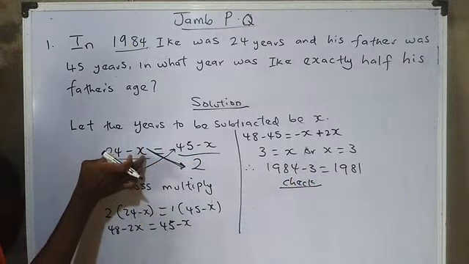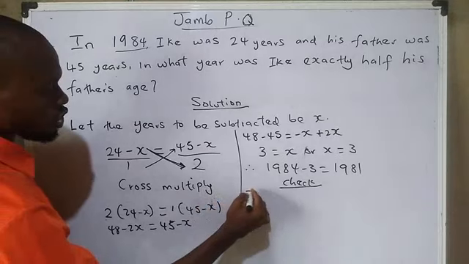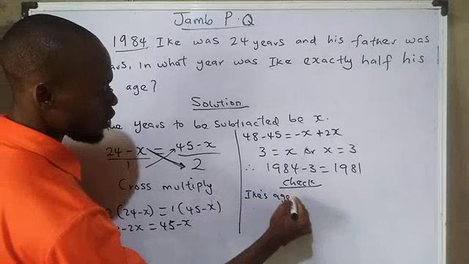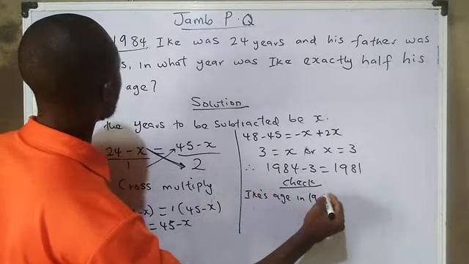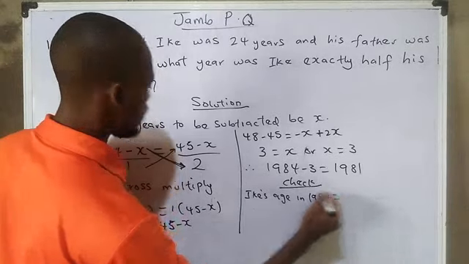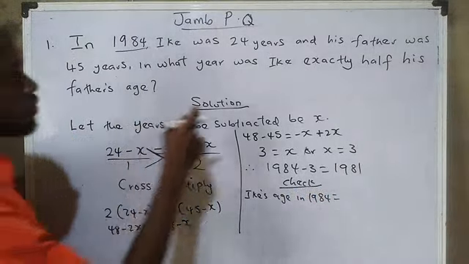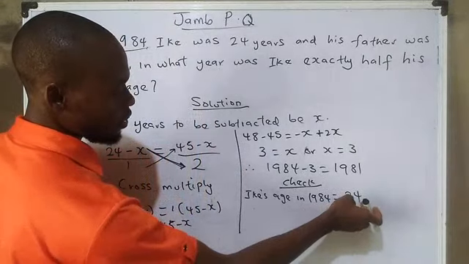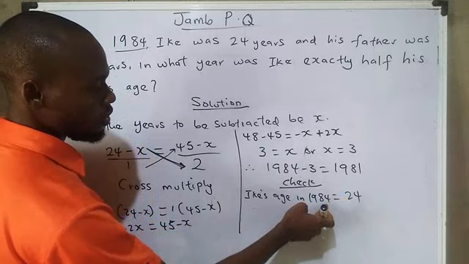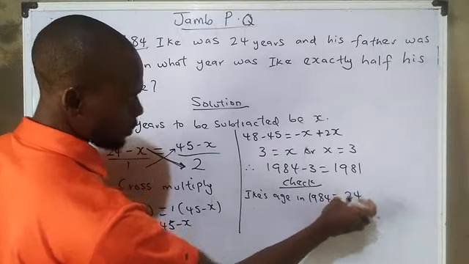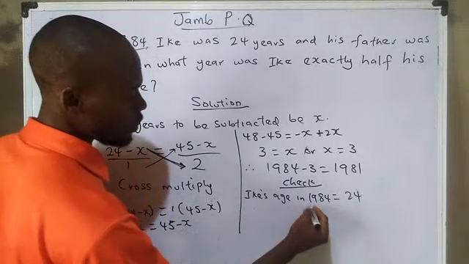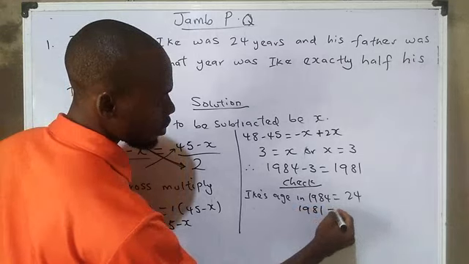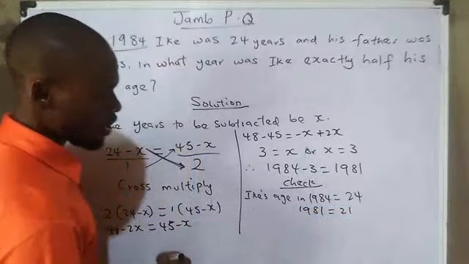Now, we said Ike's age in 1984 equals what? 24 years, right? So if we subtract 3 from this, that means we are also subtracting 3 from the father's age. So in 1981, Ike's age will be 21, right?